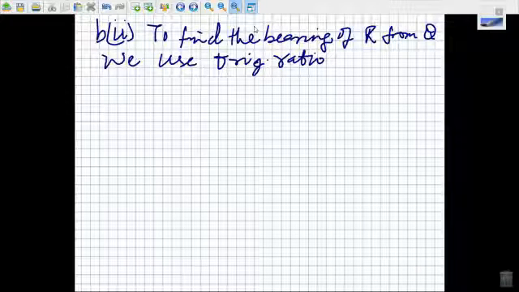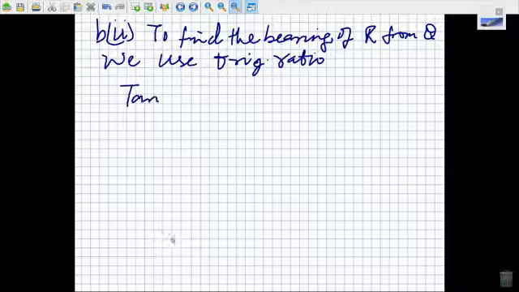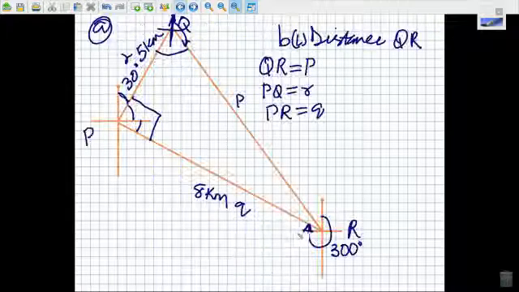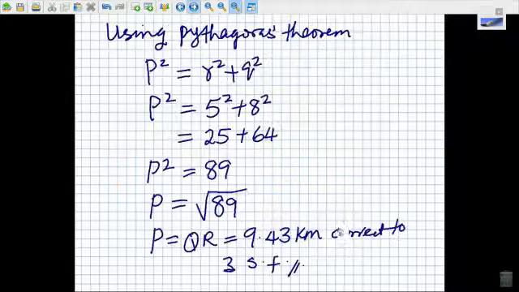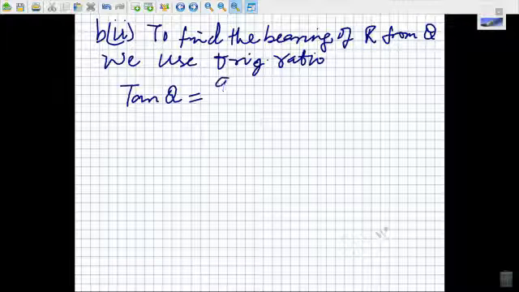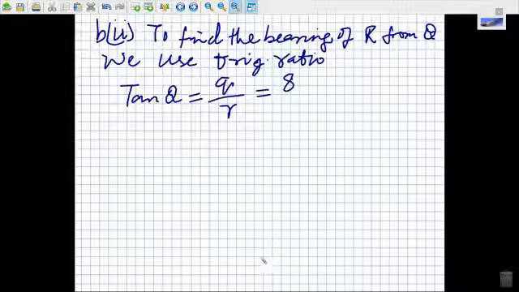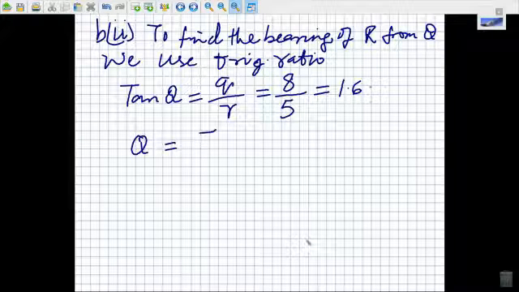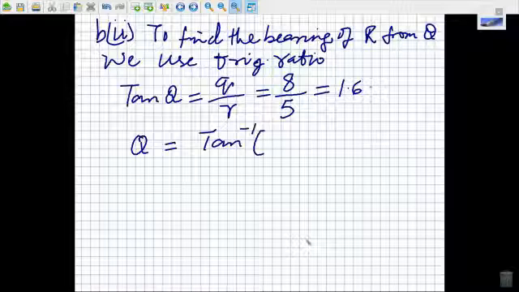So we are going to use tan Q is equal to q over r, which is equal to 8 divided by 5, which will give us 1.6. So Q is tan inverse of 1.6.